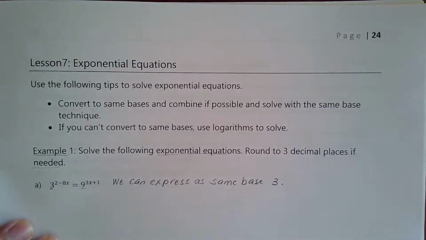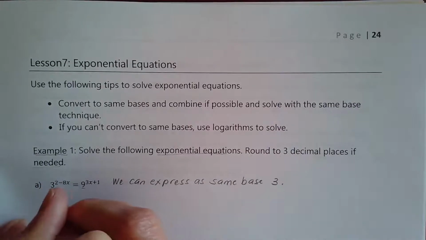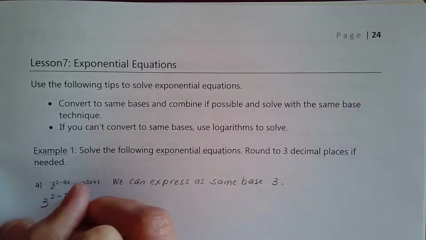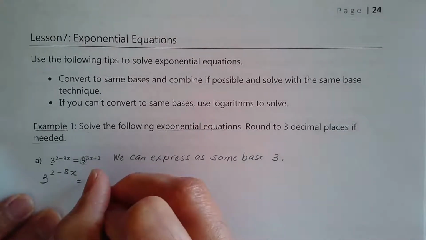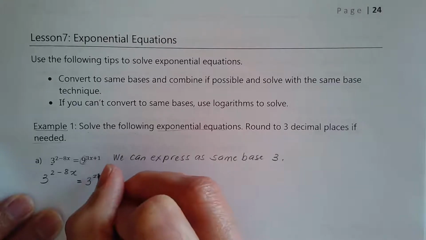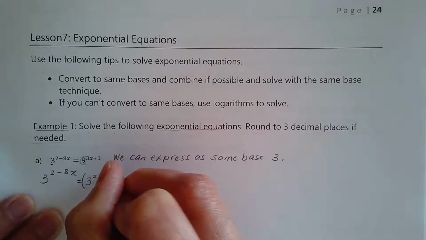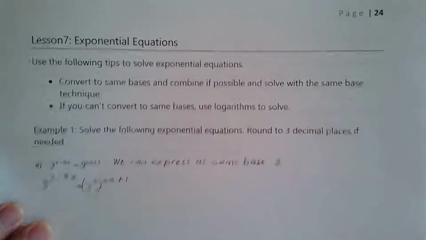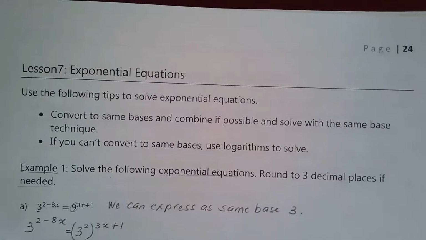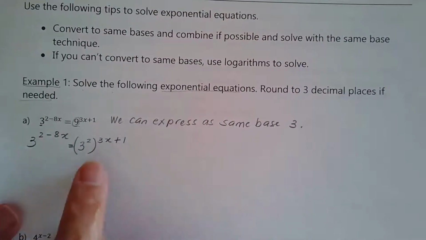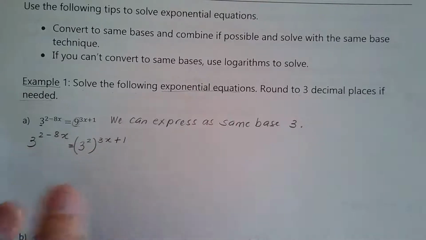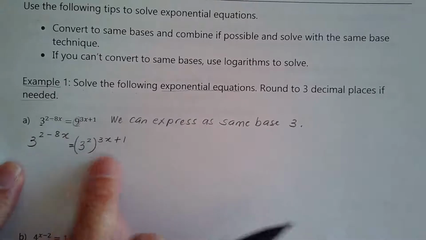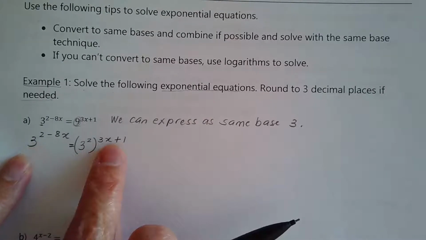So this is going to be 3 to the exponent 2 minus 8x, and instead of 9, I'm going to replace it with 3 squared, so 3 squared to the exponent 3x plus 1. As you can see, we've created the same base 3. Once we have the same base, for the left side to equal the right side, the exponents have to be the same.